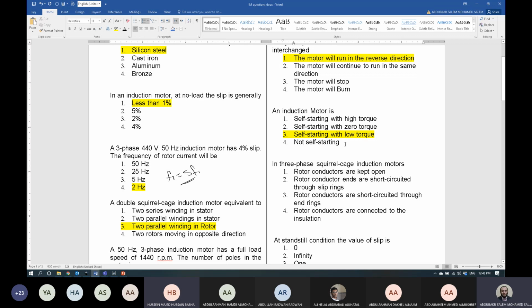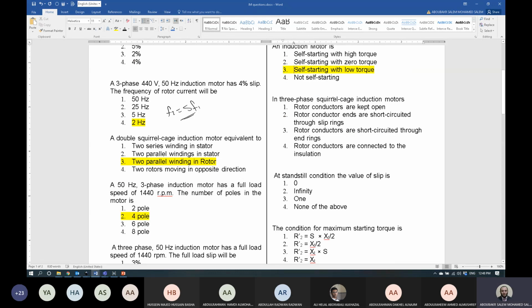What is the meaning of self start? Somebody may be confused between starting solutions for an induction motor and self start. Like we said before, starting solutions for induction motor are to avoid high current. However, the motor is a self starting motor.